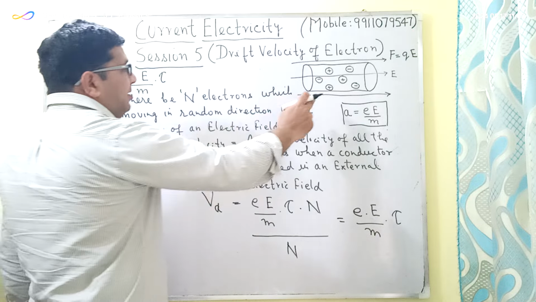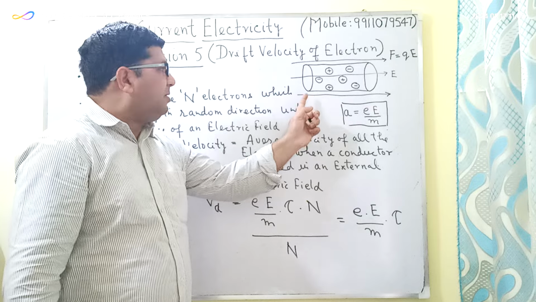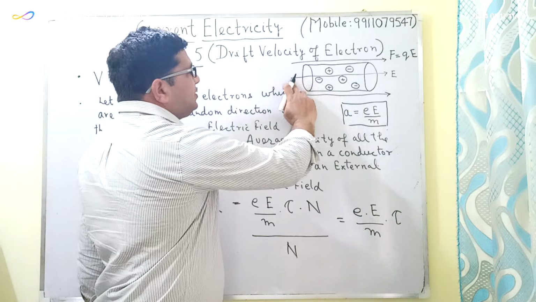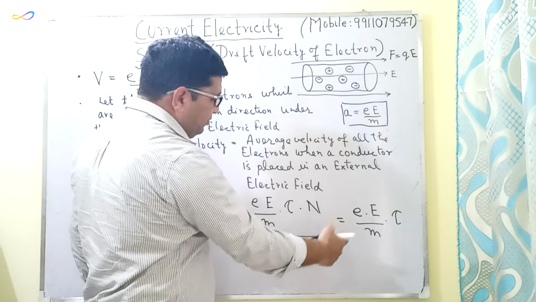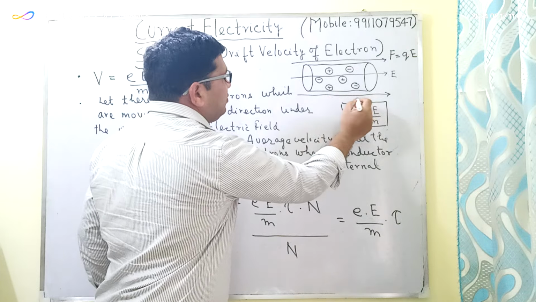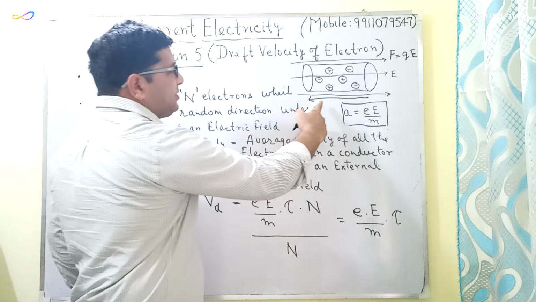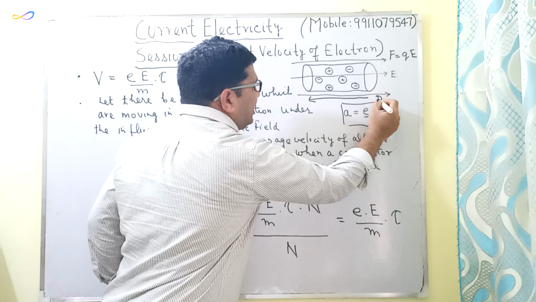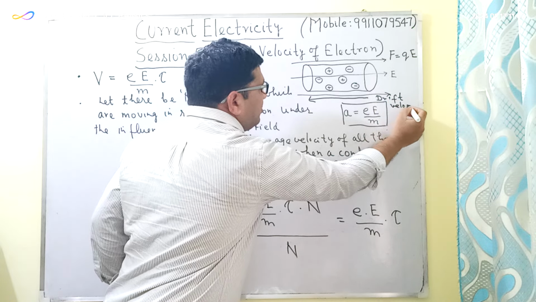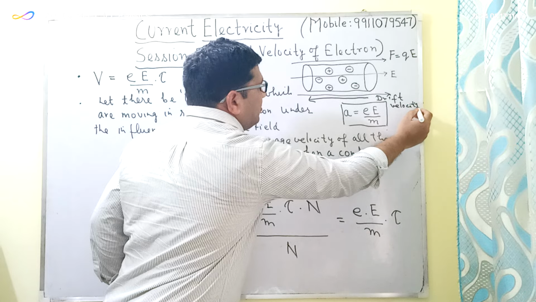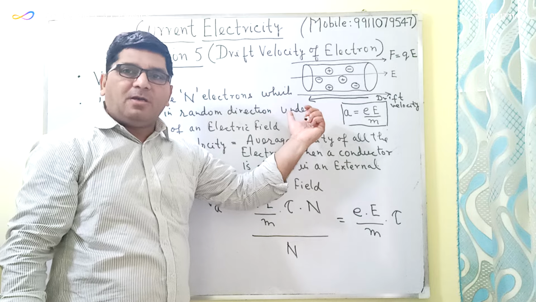One more thing: the direction of the electric field is from a higher potential to a lower potential. If the direction of the electric field is as indicated by this arrow, then the direction of the drift velocity will be opposite to the direction of this electric field, because the electrons move from a lower potential towards a higher potential.